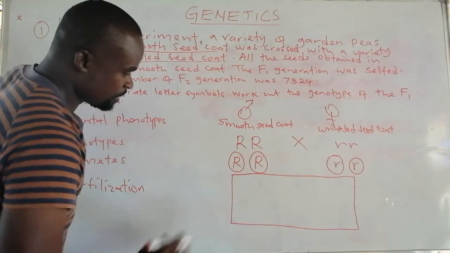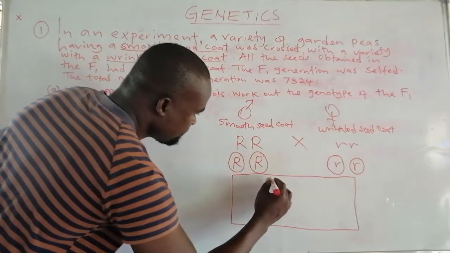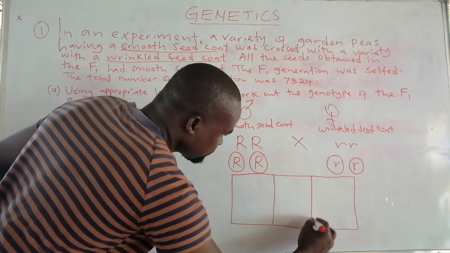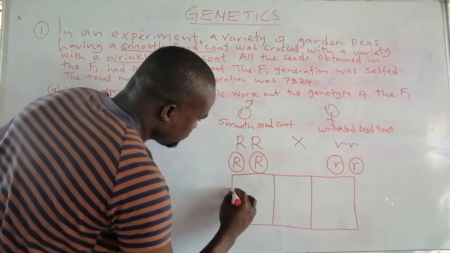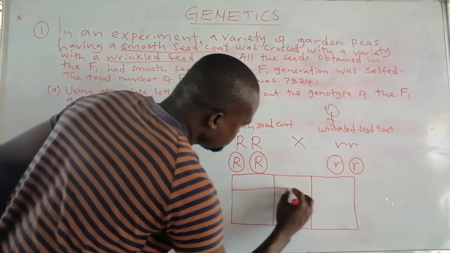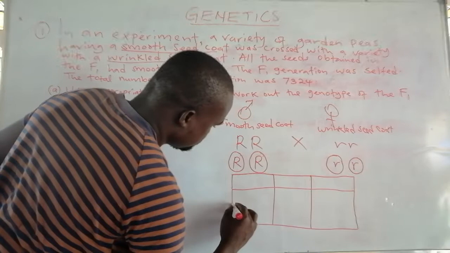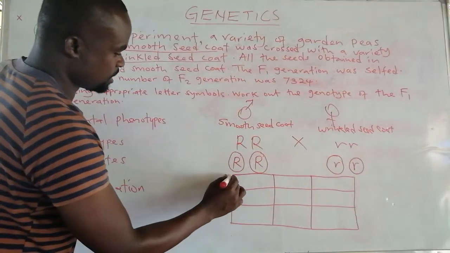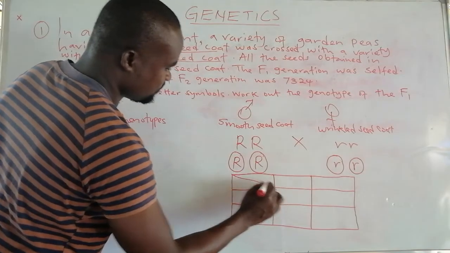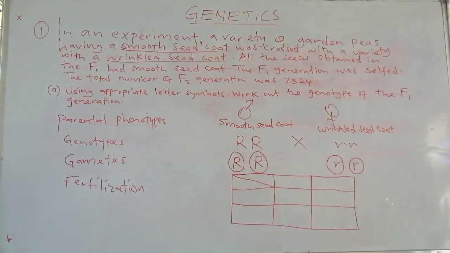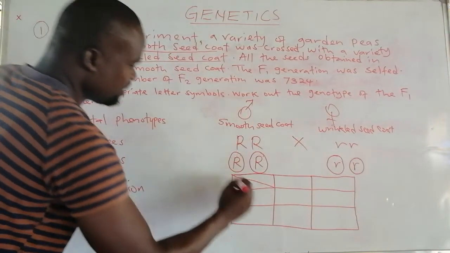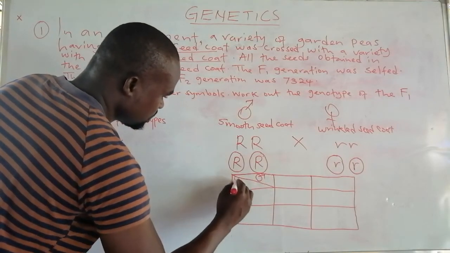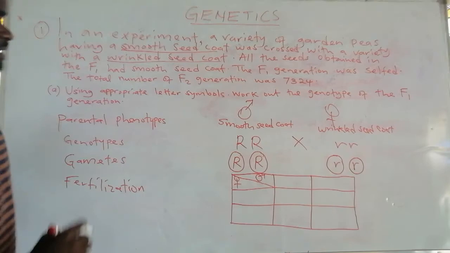Now, from here, we are going to divide it. Then we are going to have this, like that, and then divide that diagonally like that. So we are going to have this one, and then we'll have the female there.